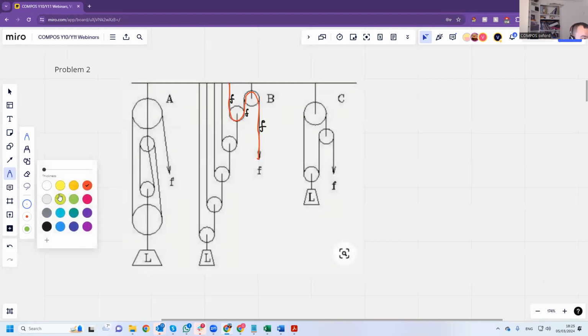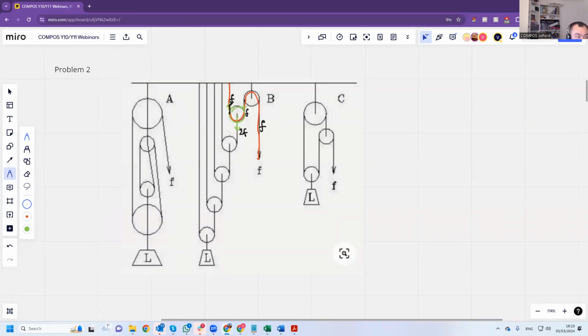Now looking at the first movable pulley, the green one, you can see that there's a downwards force and two upwards forces. What is the downwards force in terms of F? Luke, thank you. Yes, that is correct: 2F.